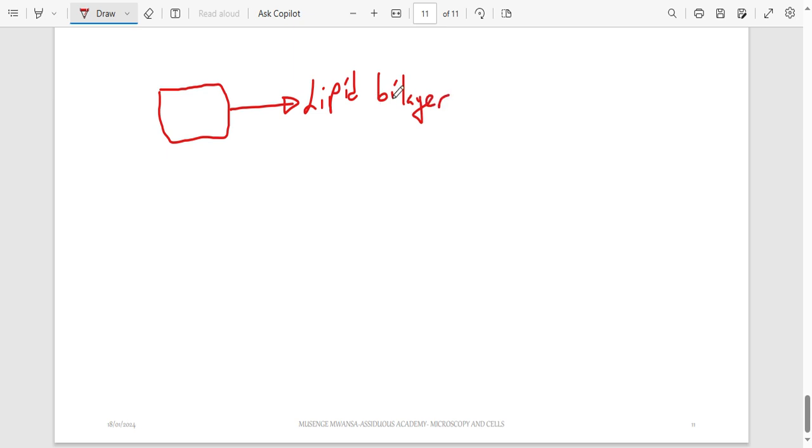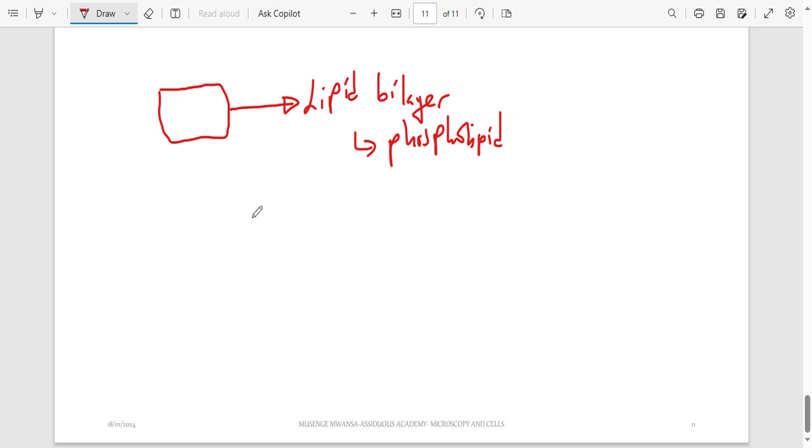And what you mean by bilayer is that it has got two layers. So the lipids which make up this are known as phospholipids. So the cell membrane is also known as a phospholipid bilayer because the type of lipid that makes up the cell membrane is a phospholipid.